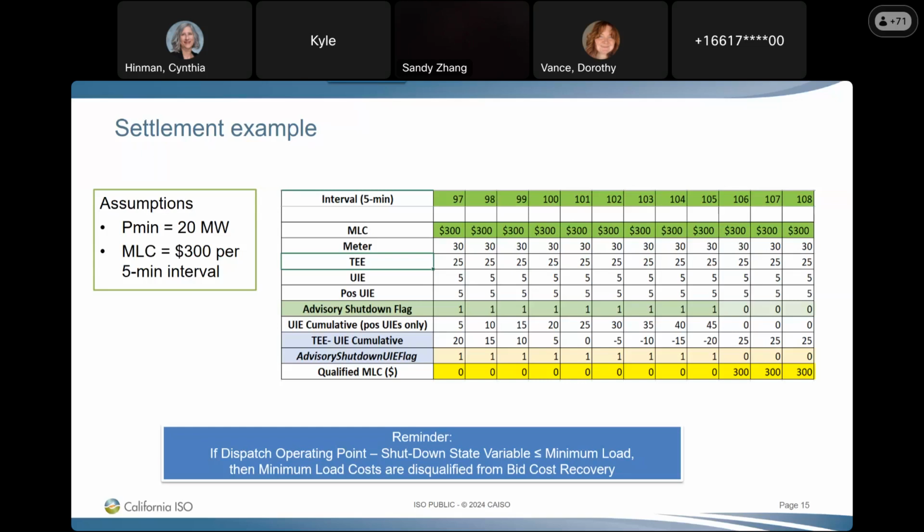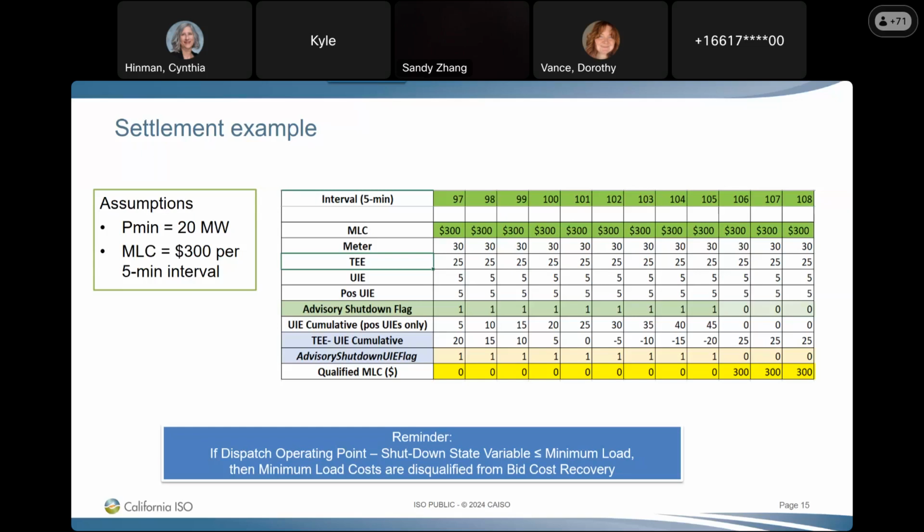Now, the TEE minus UIE, that's where we need that for the shutdown state variable. You can see that if you take the TEE, the total expected energy, let's look at column 97. The TEE is 25 and the UIE is 5.